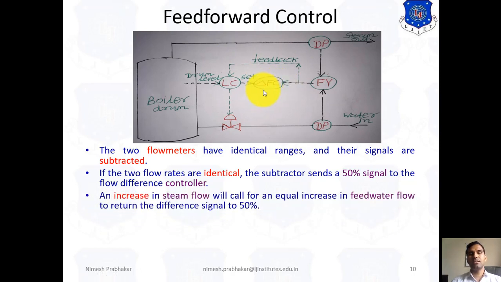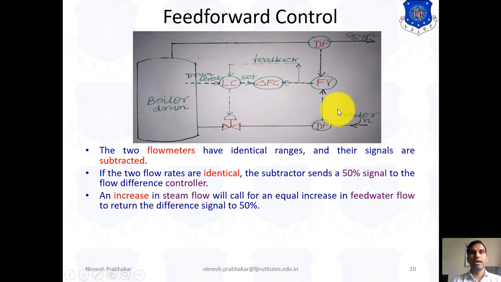An increase in steam flow will call for an equal increase in feed water flow to return the difference signal to 50%. That means if we increase the steam flow rate, at that time we require more water inside this boiler.